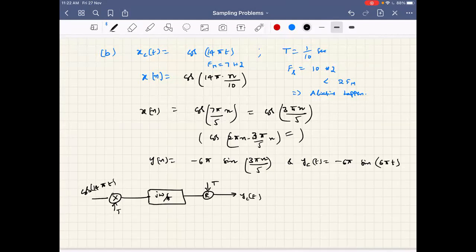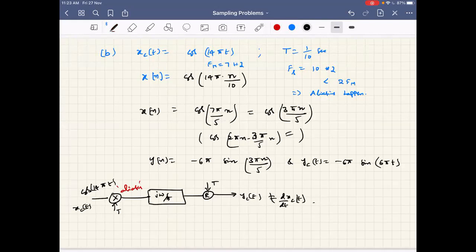This is not exactly a differentiator, so it doesn't differentiate. You cannot write yc of t is equal to d by dt of xc of t. It's not a time domain differentiator because aliasing has happened. Is this fine or not? Yes, sir.